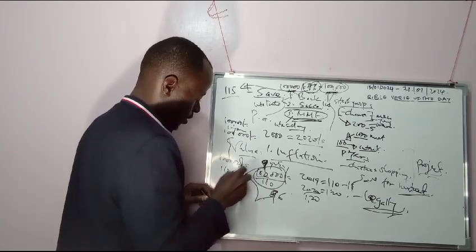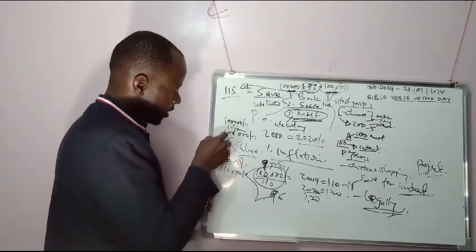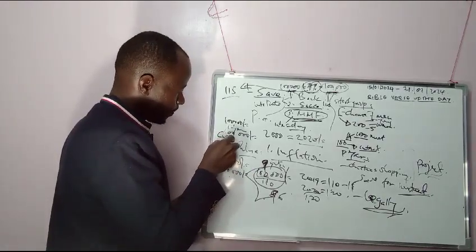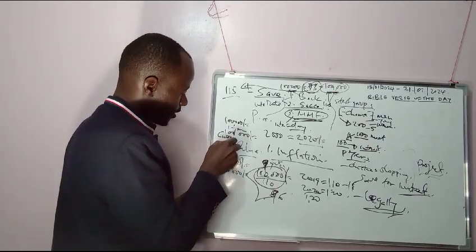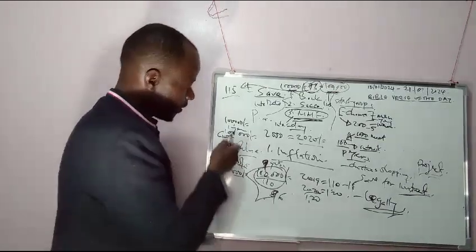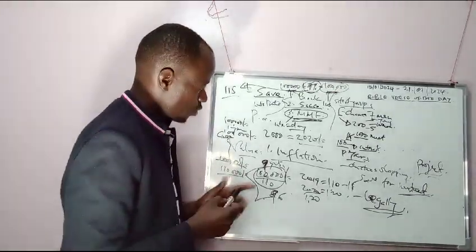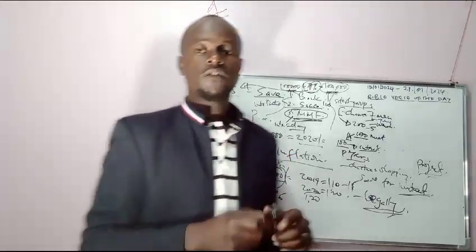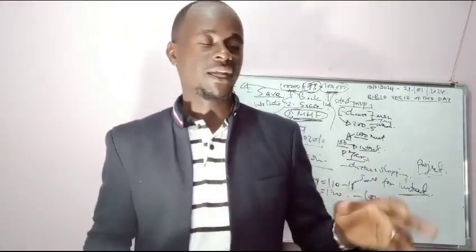So you will be required to earn something more, say 1,000, so that you make 110. I'm giving this example so that you can understand what inflation really is. Inflation will just balance your money.